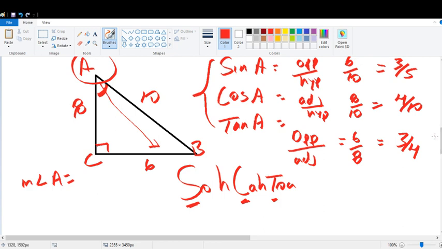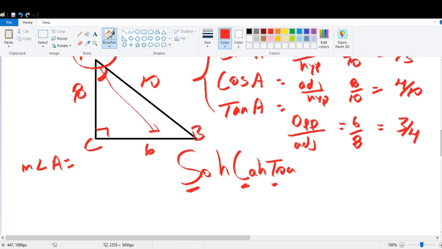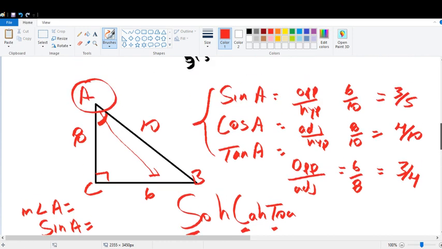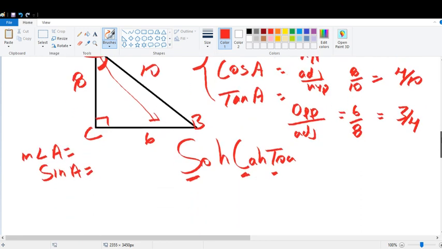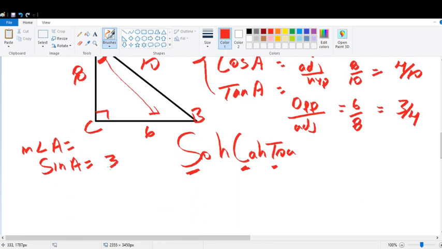And I'm going to start with, I'm going to do sine. I know that sine of A equals, well, I already found it up here. Sine of A is 3 over 5. Okay, so I need to solve for A. Recall that to solve for a variable, you have to utilize the inverse operation.